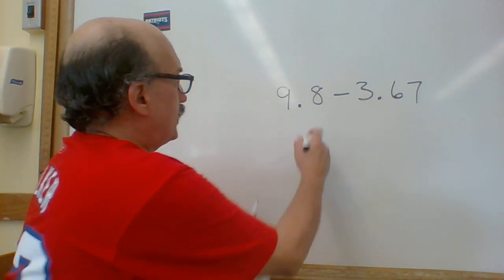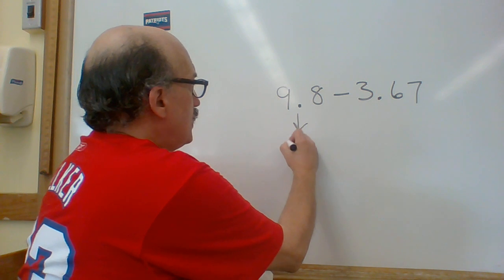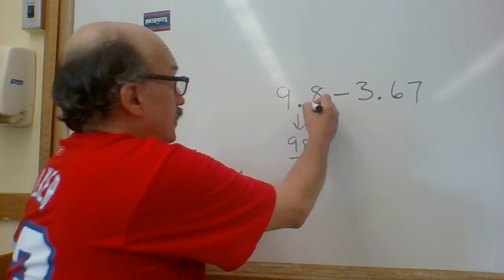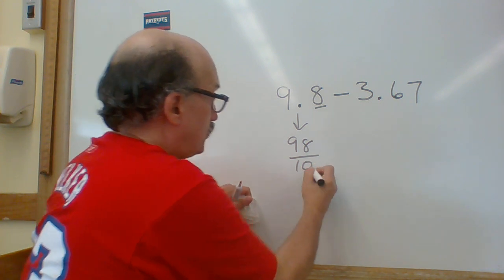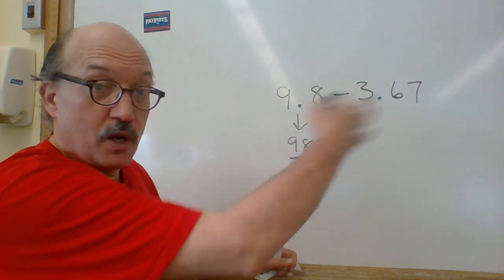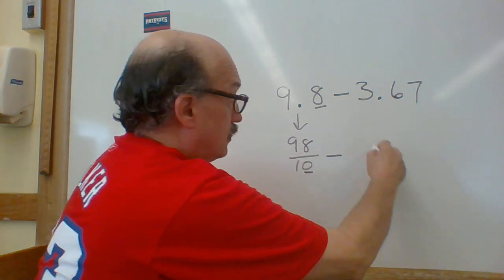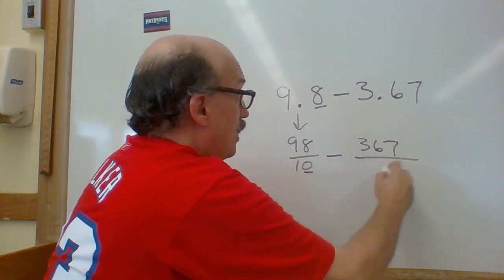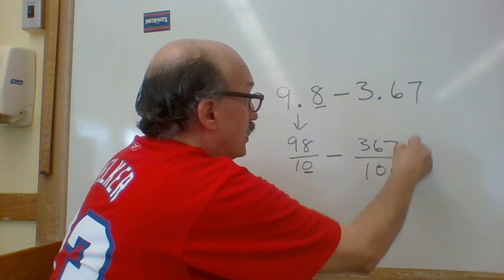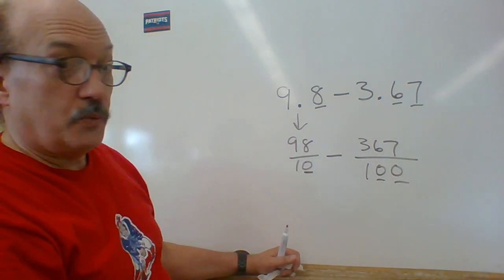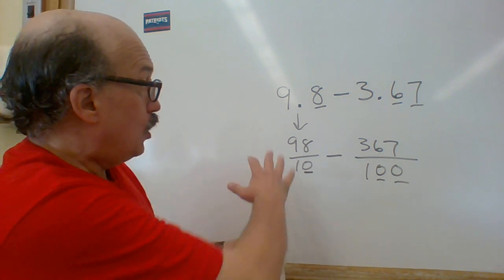Just real quickly though, like we did before, this is 98 tenths, right? There's one digit to the right of the decimal point, so 1 0 in the denominator. The numerator is the 9 and the 8, minus, we've got 367, that's the numerator. The denominator is 100 because we've got 2 digits to the right of the decimal point, and so we need 2 zeros following the 1.